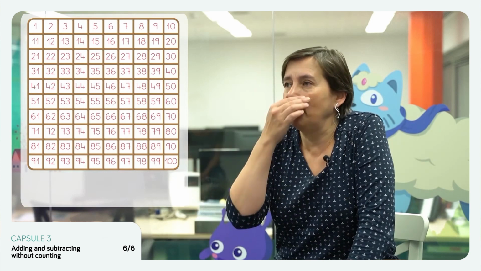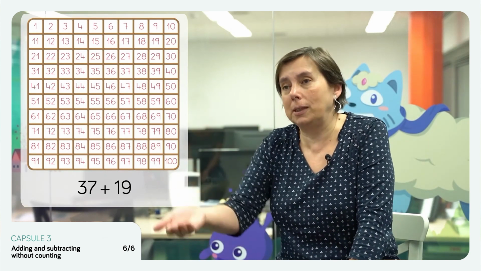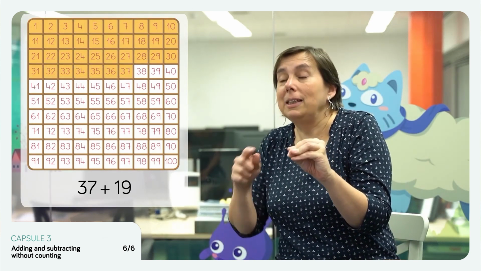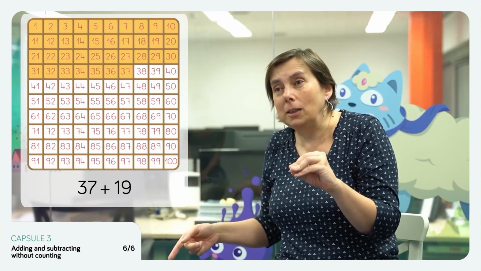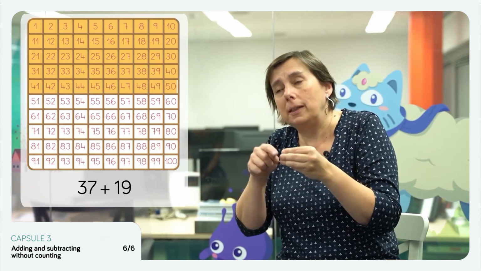The basic idea is that if I have a sum like 37 plus 19, and I want to do it on the grid, I go to 37, and I have to move forward 19 squares. To go forward by 10, the first 10 squares means actually going straight down simply to the next line. So from 37, I go to 47, and from 47, I count 9 forward.